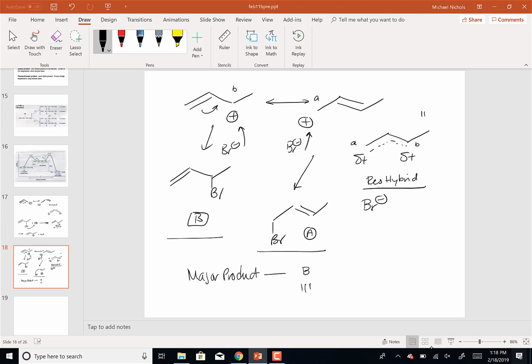Because the intermediate with the alkene component is more substituted. Okay, this double bond is more substituted. Did you look at it from the standpoint of the intermediate or of the product? You indicated you looked at it up here with the intermediate, but that's also true for the product, right?